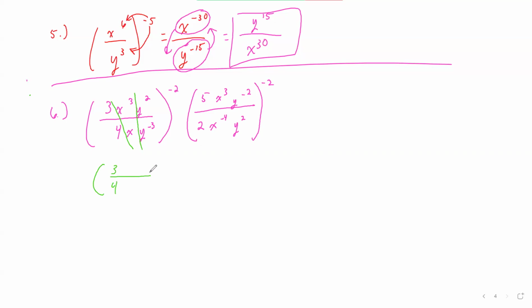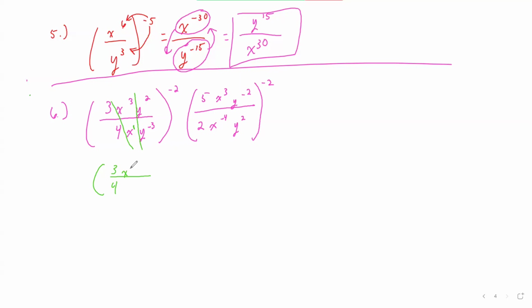Now I made this a long fraction because I know I got some x's and y's I got to add in here too. So now what's going to happen to my x's? There's an invisible one. Very good. So when we're dividing, you want to subtract the exponents.